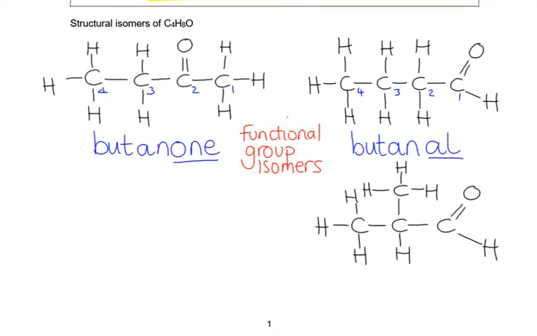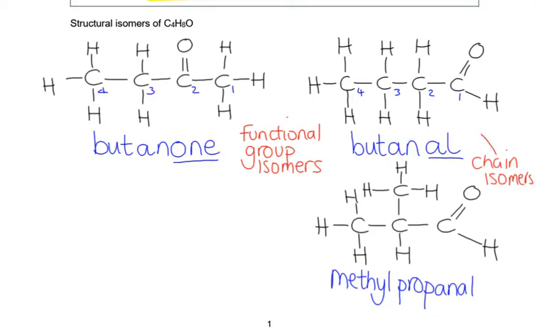And this is methylpropanal, and these two are classed as chain isomers of one another. So methylpropanal and butanal are chain isomers, whereas butanal and butanone are functional group isomers.